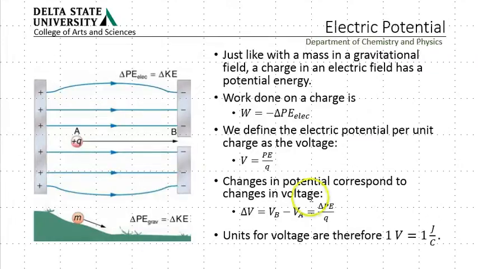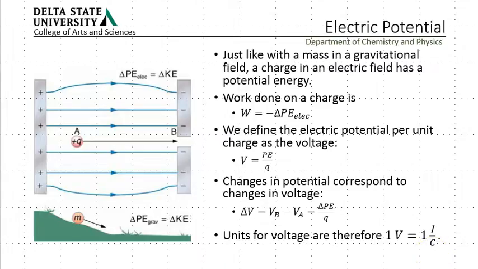So if this is what voltage is, then the unit for voltage, 1 volt, must be a joule per coulomb, because we have joules on the top and coulombs on the bottom.